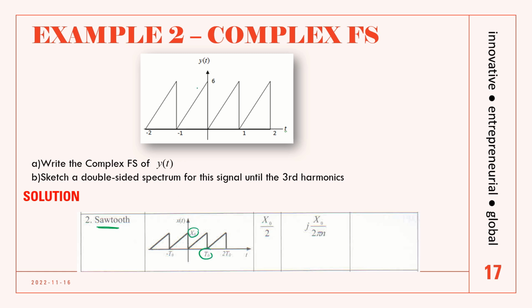This is going to be your x naught value, and this is going to be your t naught value, right? And then you need to pay attention as well to the c naught component and then your cn component, and there are no remarks here, so good.